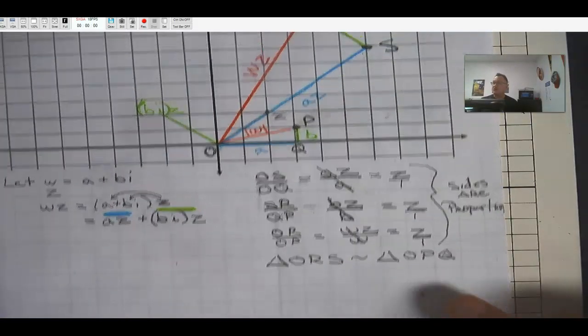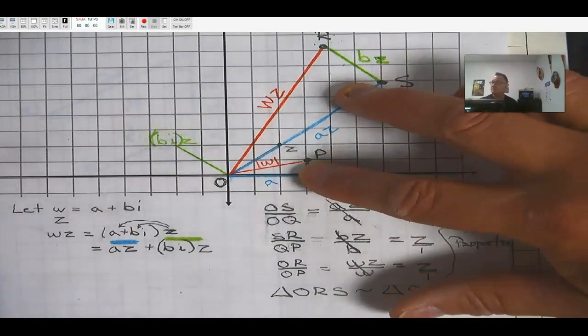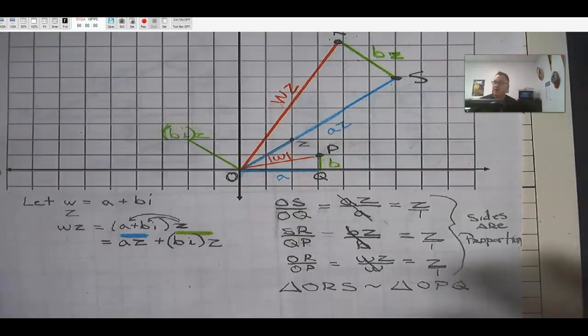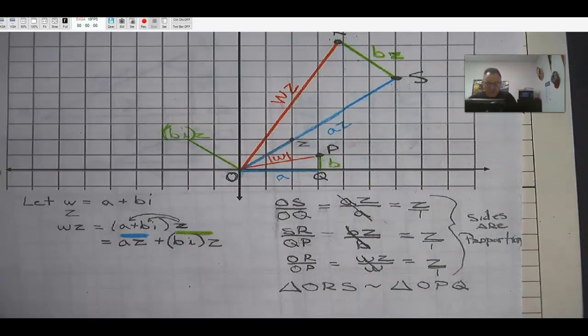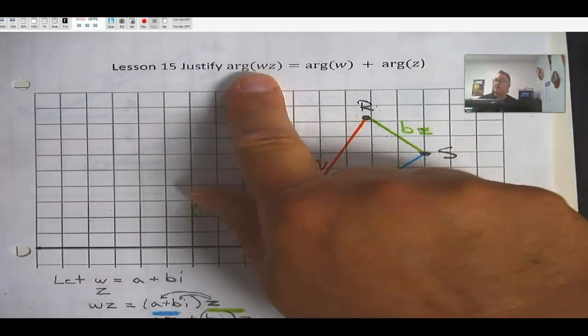So we did all of this just to show that these two triangles are similar. Okay. All right. Now, what we're trying to do is prove this stuff about the arguments.